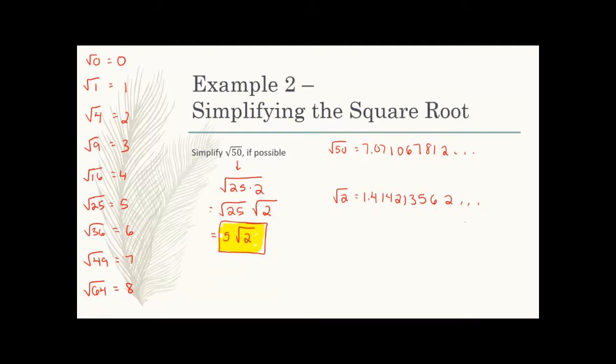So that is an example of how we simplify square roots using this rule about multiplication. You're trying to split it up so that you have something that's on our square root list, so that we can take the square root of something and then we have what's left over, which is a smaller number. Does that make sense? Are there any questions about that?